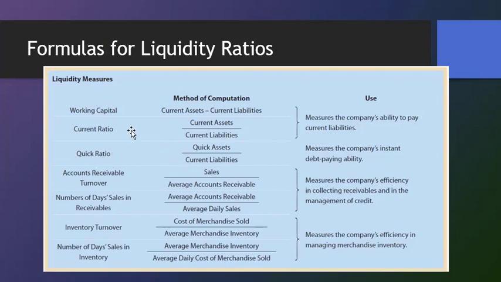Quick ratio is very similar to the current ratio, except we only use quick assets. So what does that mean, quick assets? Quick assets are generally those that can be converted to cash relatively quickly. What we normally use as quick assets is going to be cash and cash equivalents, accounts receivable, and marketable securities. Now you say, well, what did we leave out?